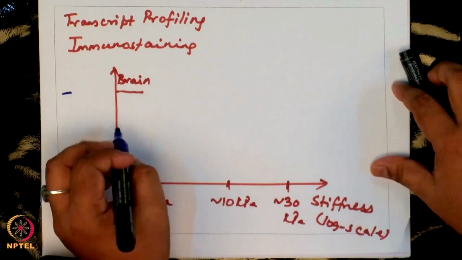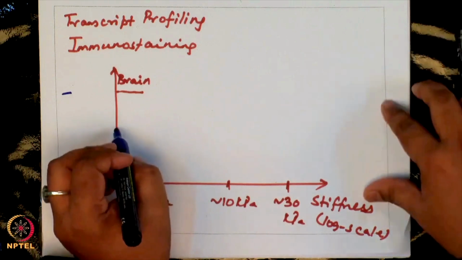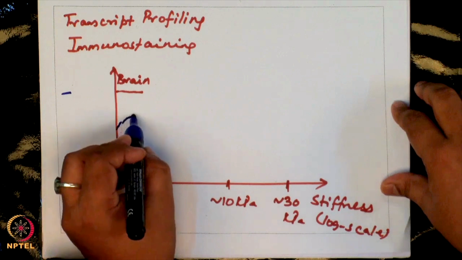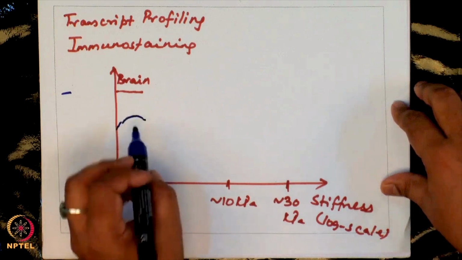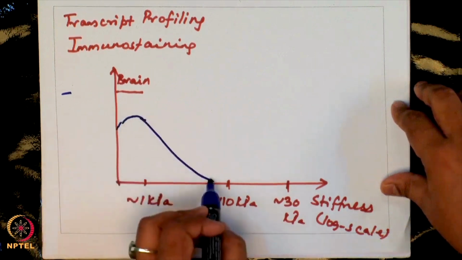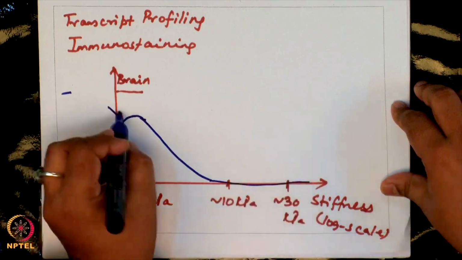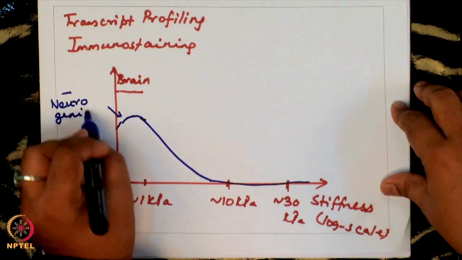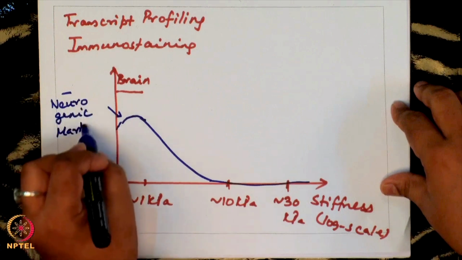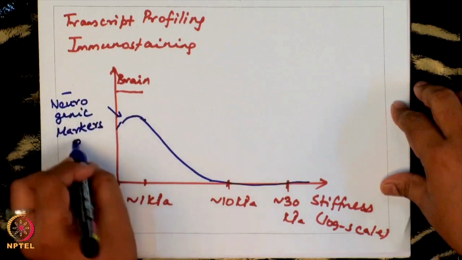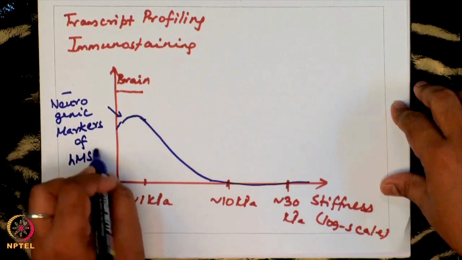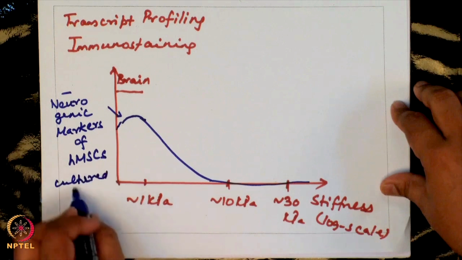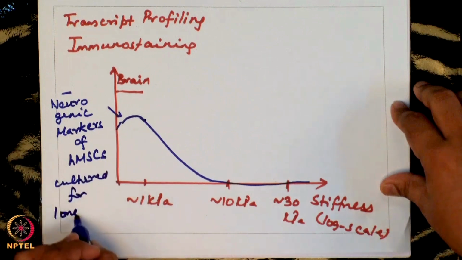Right. So, the brain signal, the muscle signal of neurogenic marker expression. So, these are the neurogenic markers of HMSCs, okay, which have been cultured for long term.